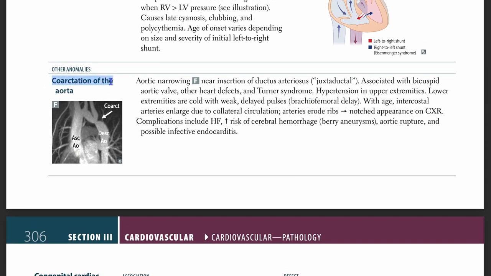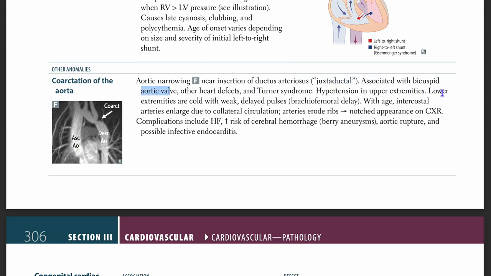Okay. Coarctation of the aorta, aortic narrowing, right there. So near insertion of ductus arteriosus, so this is just ductal, associated with bicuspid aortic valve, other heart defects, and Turner syndrome.